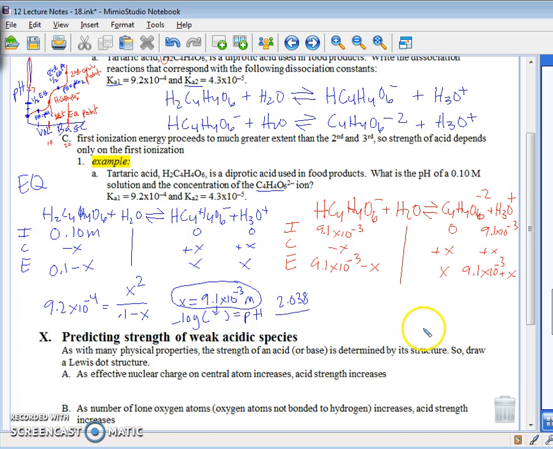Now, what do I plug this into? The second Ka, right? Second Ka is 4.3 times 10 to the negative 5th. What is that now going to equal? On the top, X times 9.1 times 10 to the negative 3rd plus X, over 9.1 times 10 to the negative 3rd minus X. What happened?